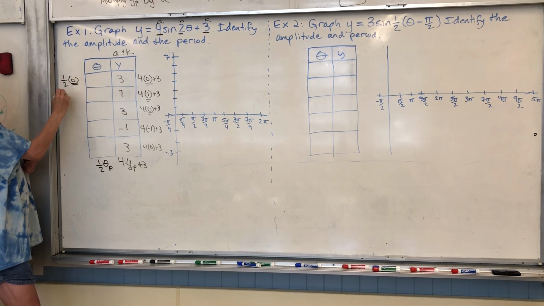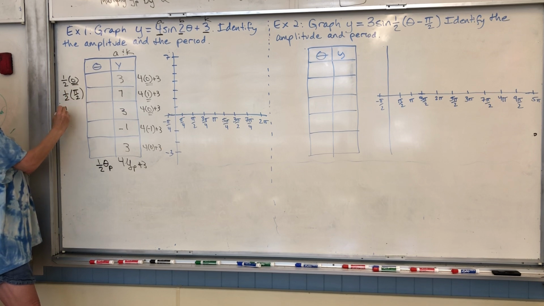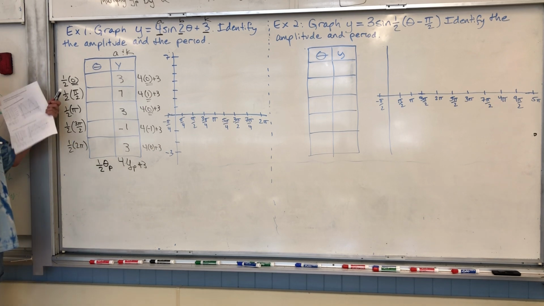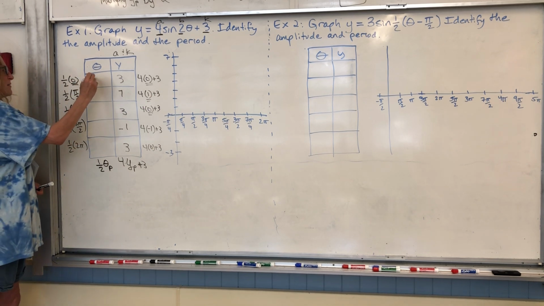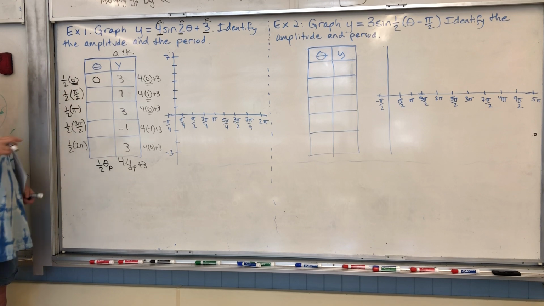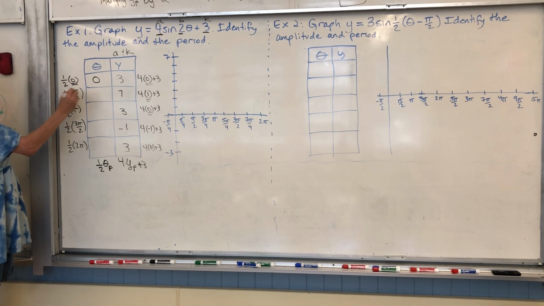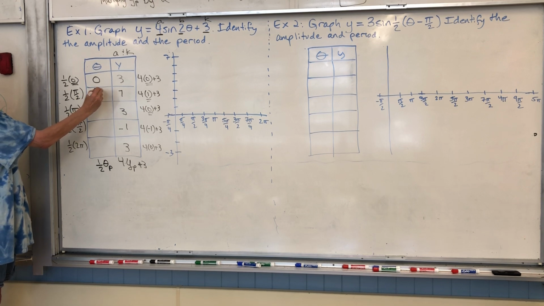Again, these are my theta parent values. Okay, and then, right, so when I multiply, well, 1/2 times 0 is 0, right? The pi just stays pi, right?